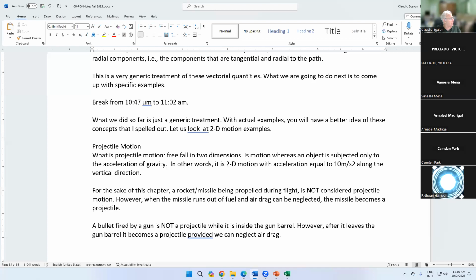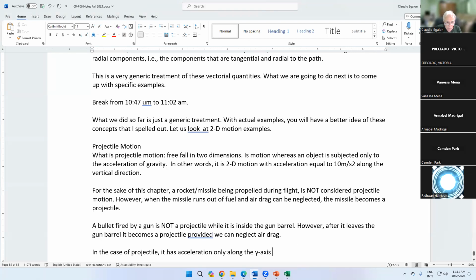So we're going to do projectile motion now. In the case of a projectile, it has acceleration only along the y-axis.